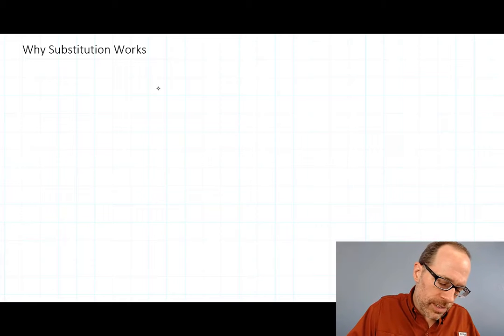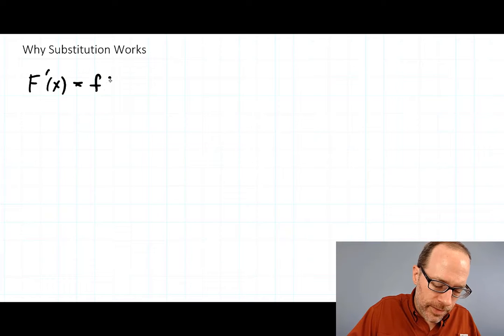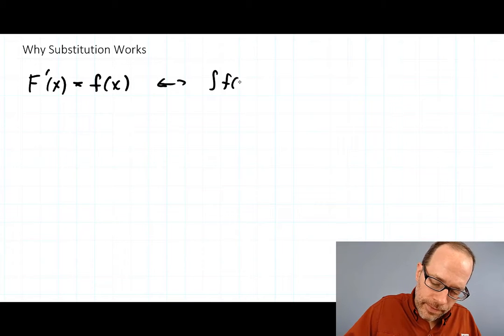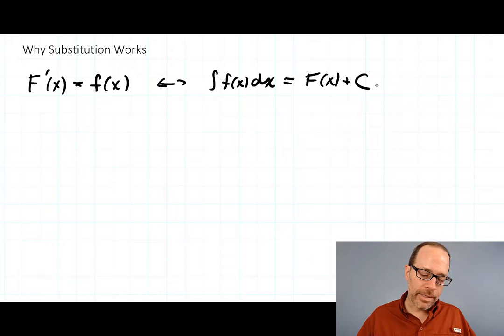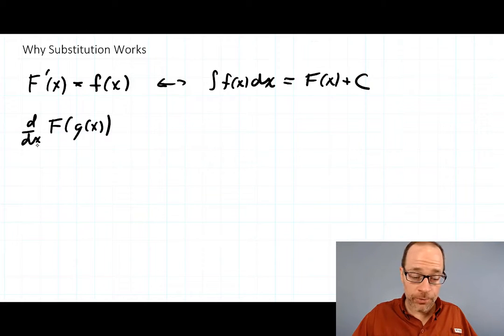So let's start off with some capital function F whose antiderivative is little f. You can write it that way, or you could write it this way: the integral of little f is capital F plus c. Now, if we take capital F and plug in a function on the inside, then if we want to do the derivative, it's a chain rule problem.